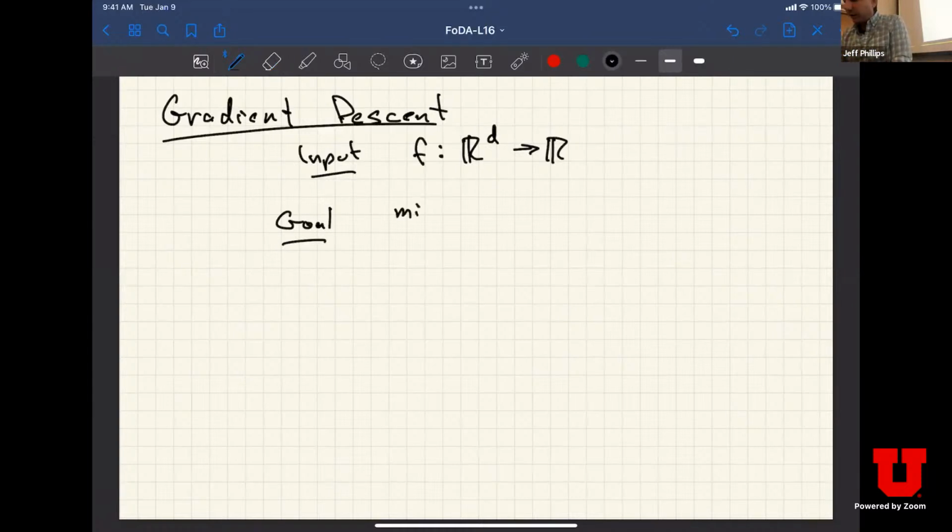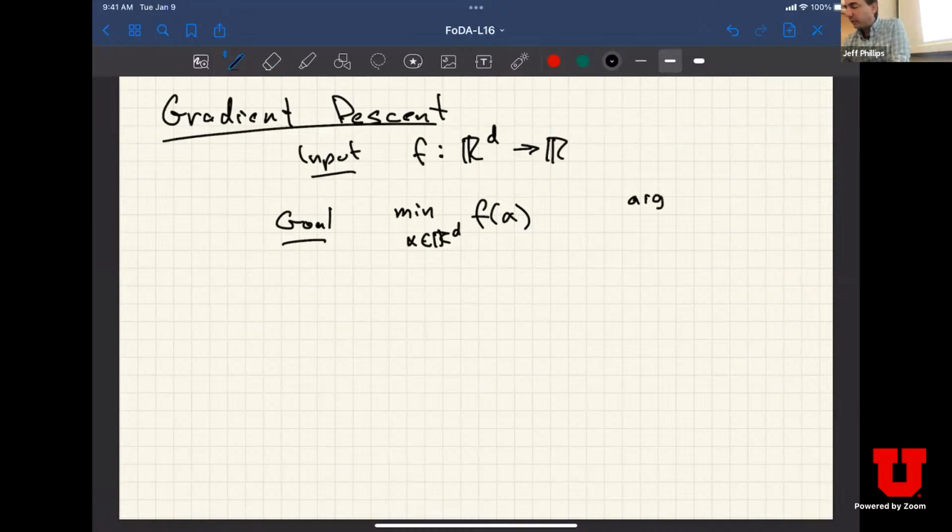One is to find the min over alpha in R d of this function, so it returns me the value of the minimum.